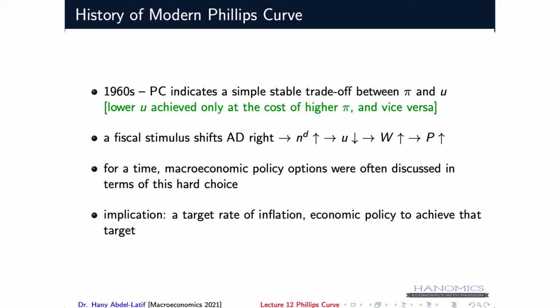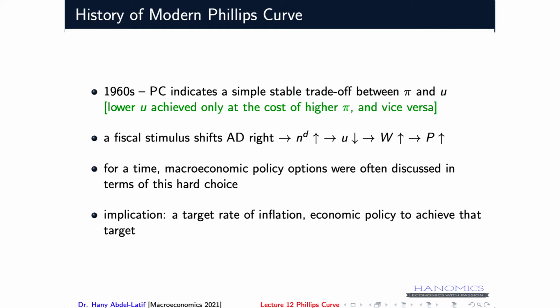And the idea here was that if, for whatever reason, the aggregate demand, maybe there's an expansionary policy, or as a result of an expansionary monetary policy, the aggregate demand has shifted to the right. That means now higher demand, and firms and businesses will respond to that by increasing their demand for labor, and increasing demand for labor would mean that the unemployment rate will be lower, or will drop.